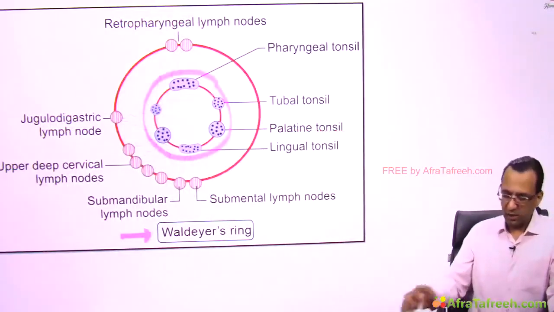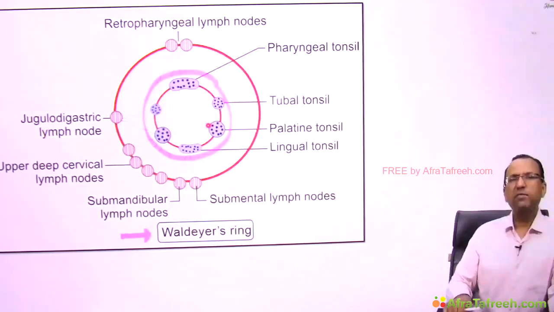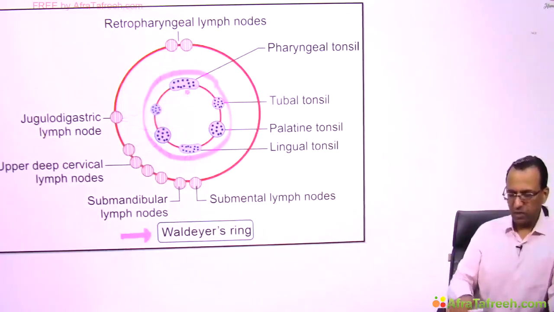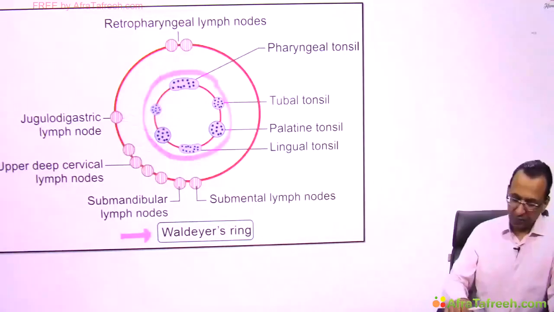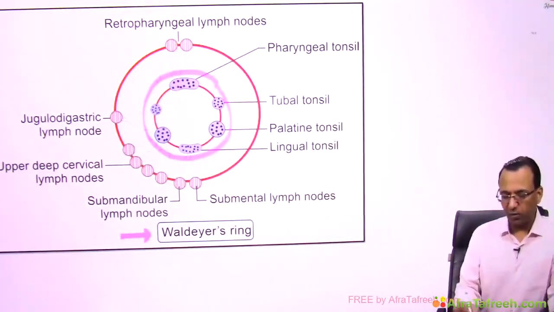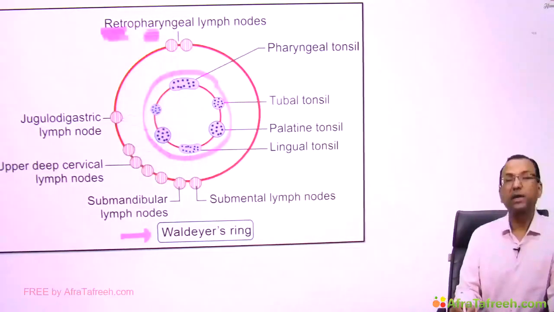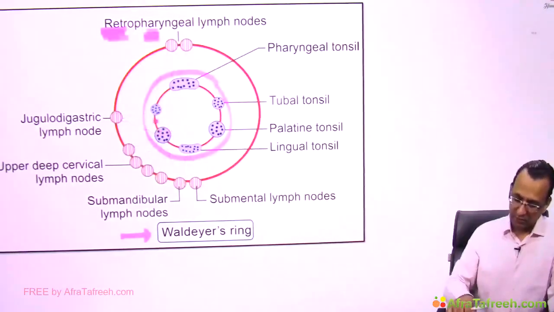What is that? These lymphatics which you have talked about are the innermost circle. Now they are draining into the outer circle. How? You see, this is the pharyngeal tonsil. It is on the posterior side, so it will drain posteriorly into the retropharyngeal lymph node, meaning behind the pharynx. Where will the palatine tonsil drain?